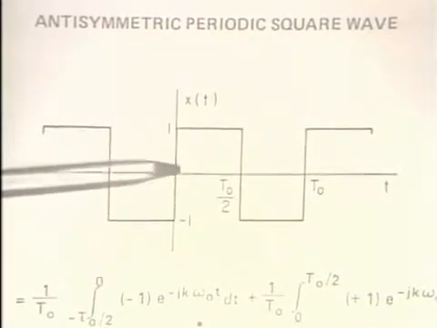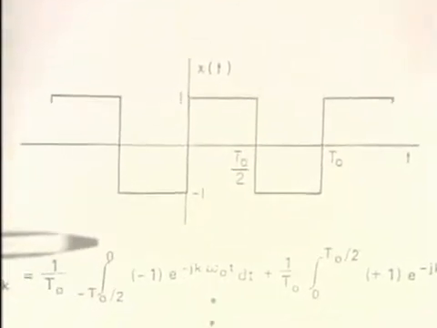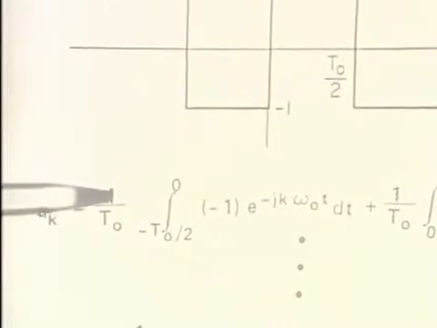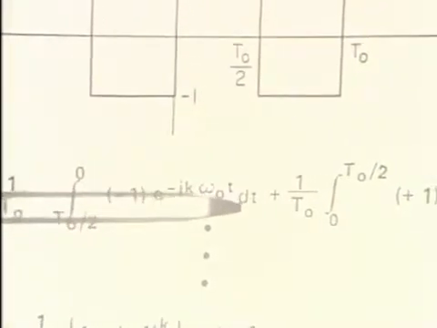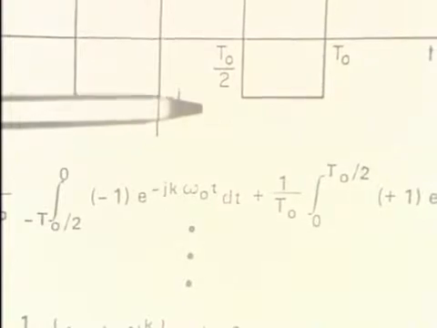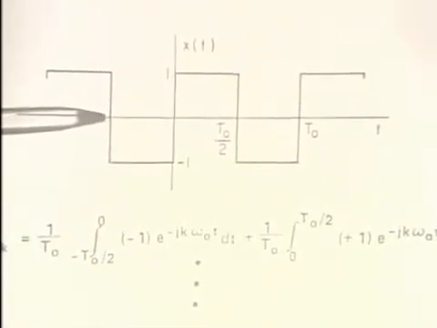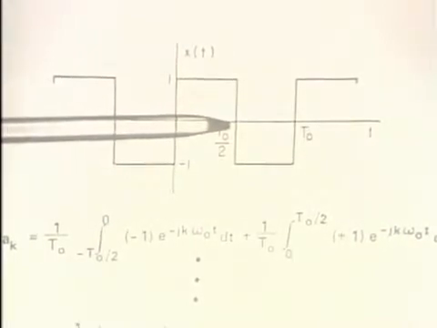In other words, it is antisymmetric about the origin. Now, the expression for the Fourier series coefficients tells us that we determine a sub k by taking 1 over T0 times the integral over a period of x of t e to the minus jk omega 0 t dt. The most convenient thing in this case is to choose a period which, let's say, goes from minus T0 over 2 to plus T0 over 2.